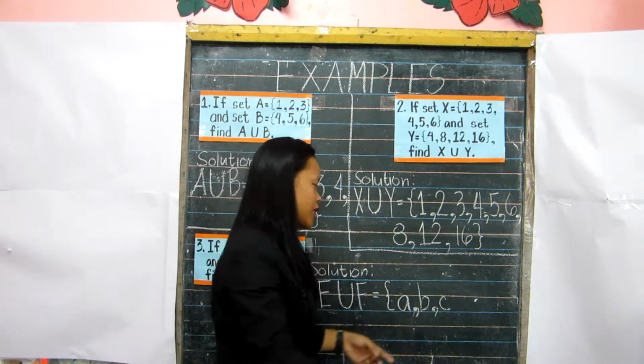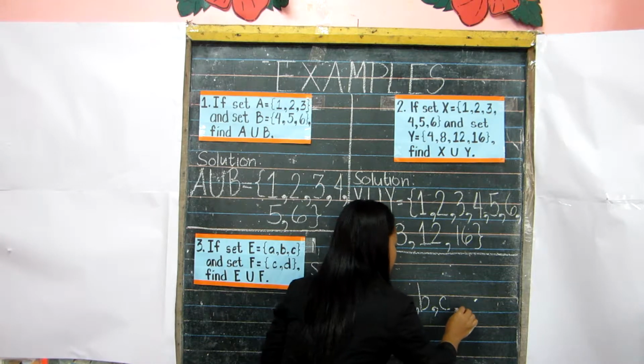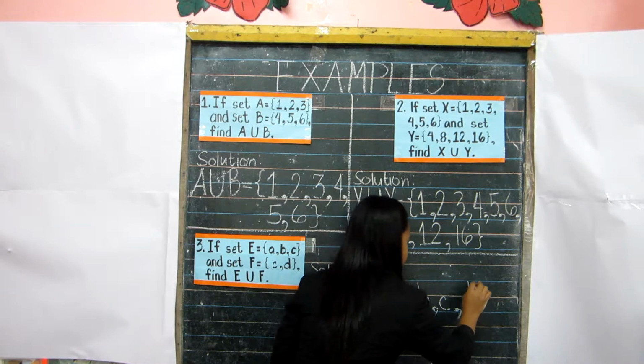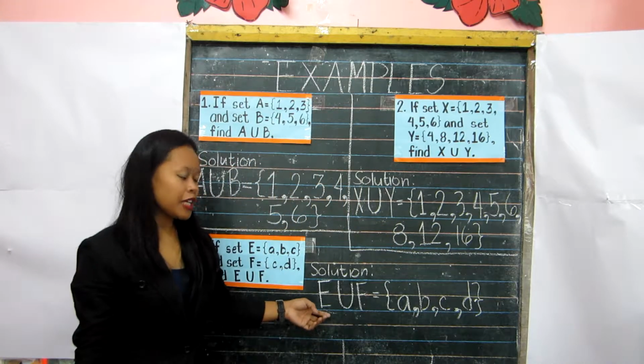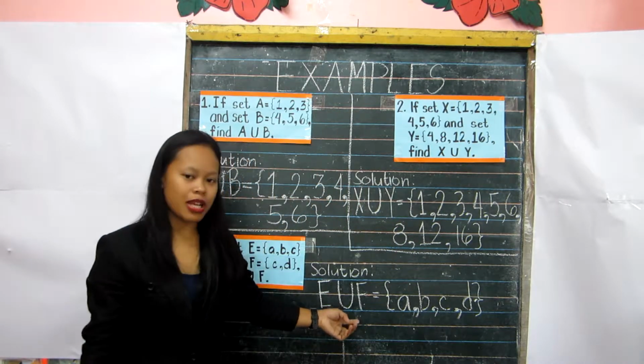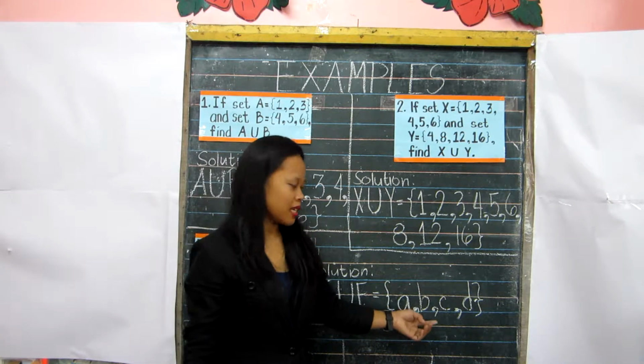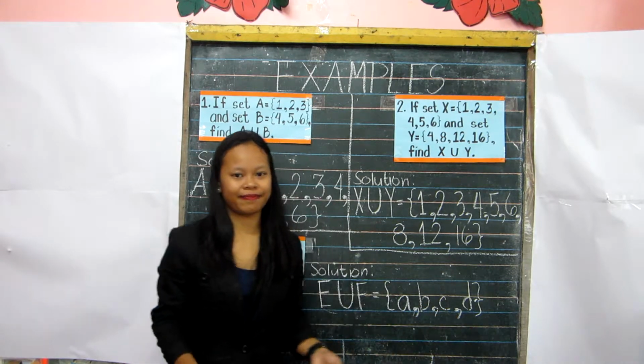So let's proceed to D. So we have here D. Therefore, our E union F has the elements A, B, C, and D.